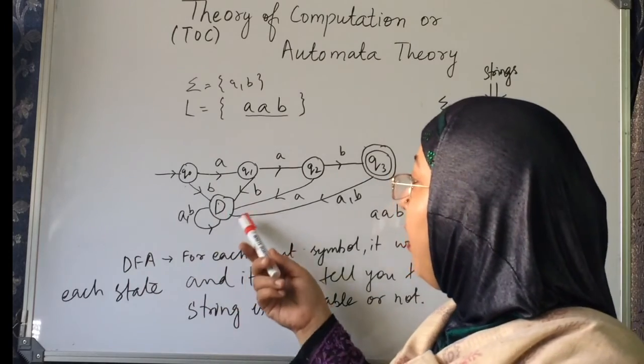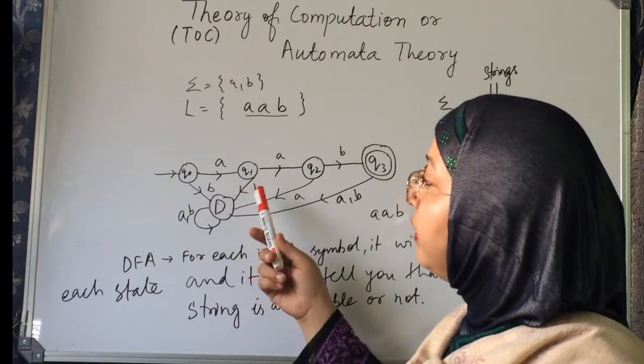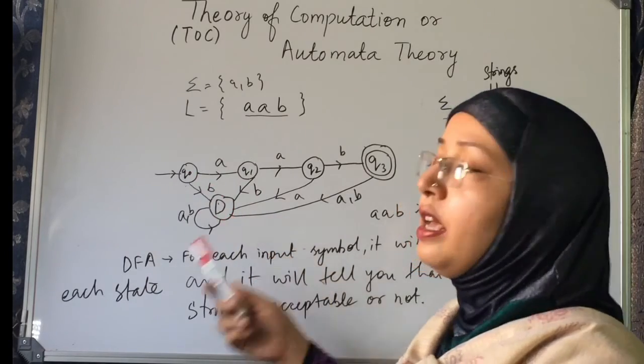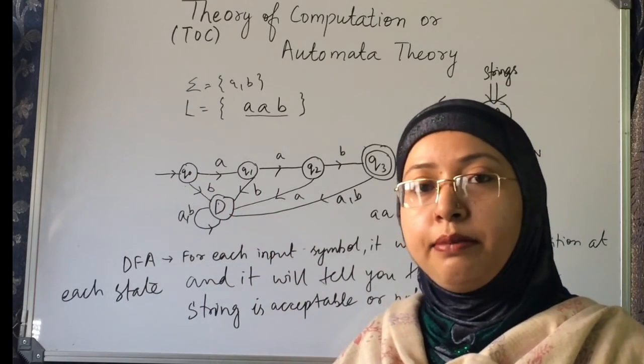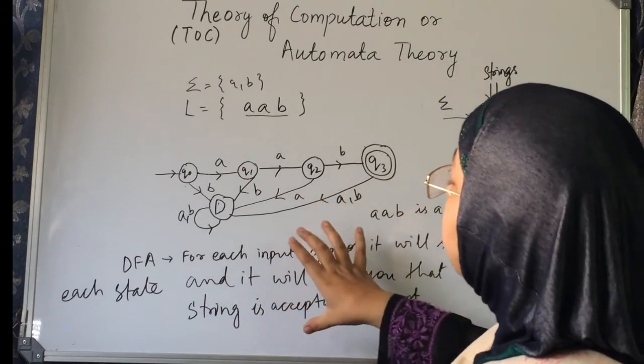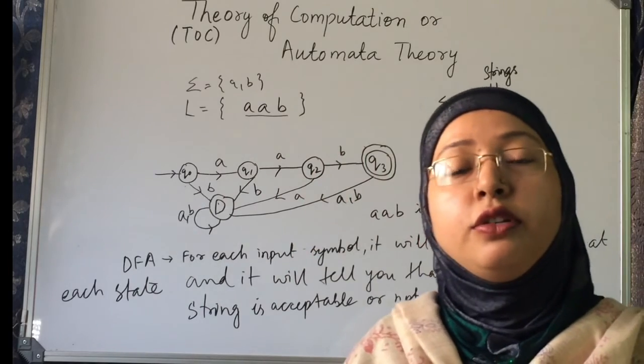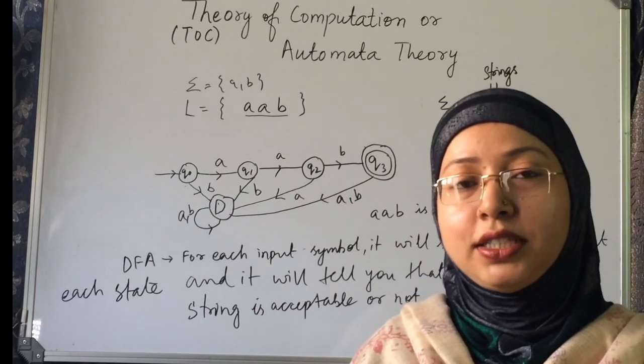Everything that comes here is not going anywhere. All the symbols which come here will not be acceptable. So this is the basic thing about DFA. We'll do lots of problems based on this.